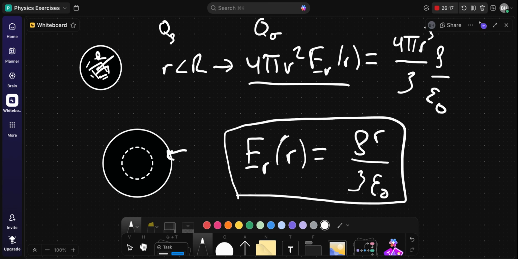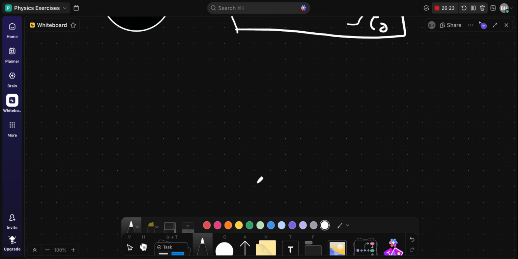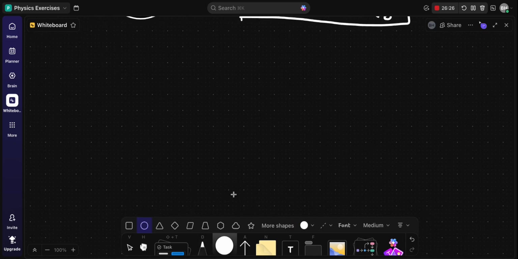Now, what about when we're outside the sphere? Let's try to draw that. I will draw these spheres the other way around.